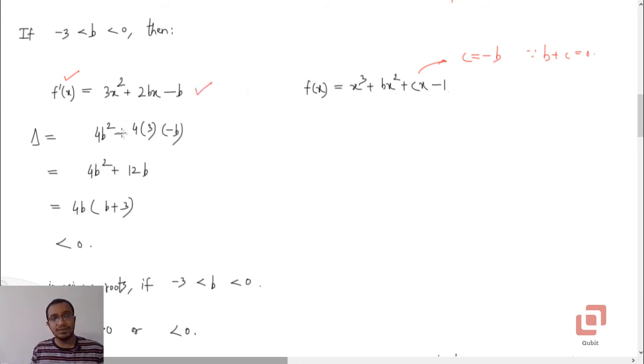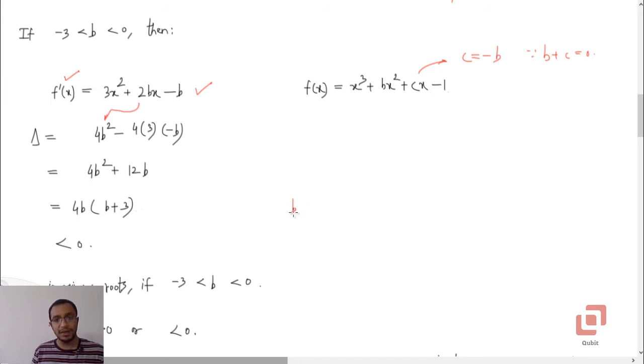Now just see the discriminant here. Discriminant of this particular quadratic expression will be 4b squared because of square of this, minus 4 times 3 into minus b, or it is 4b squared plus 12b. If we take 4b common, then we are going to have 4b times b plus 3 in the bracket.